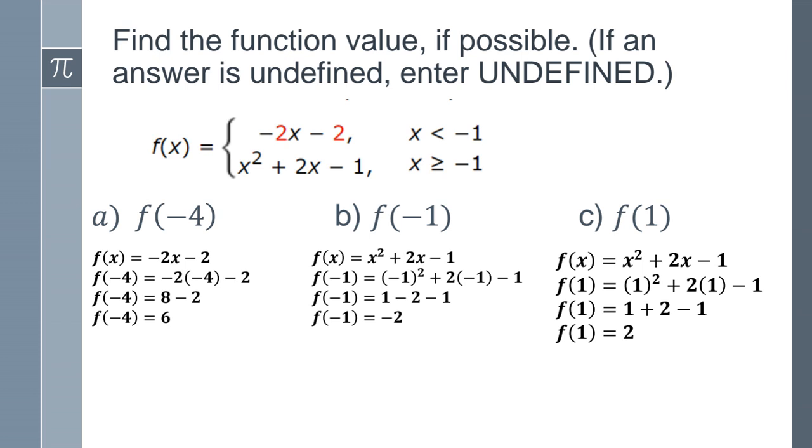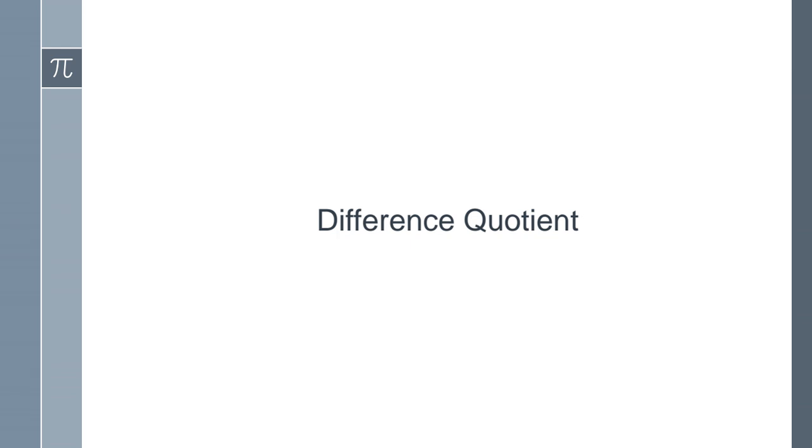Okay, so this is an example of our piecewise functions. Now let's move on to another piece of problems, and what we'll be doing is the difference quotient. If you move on into your math careers, you'll see this in more detail.